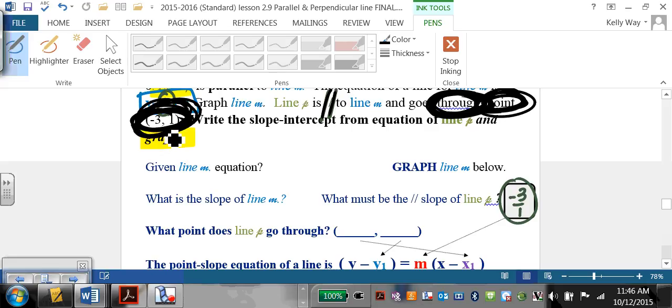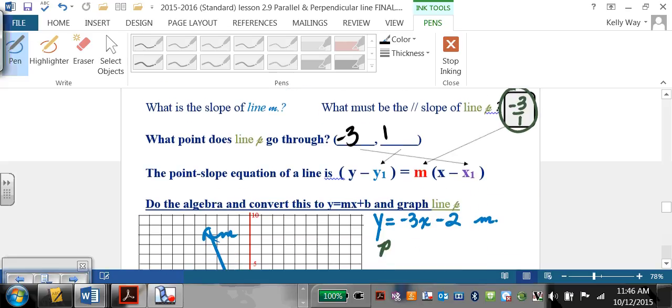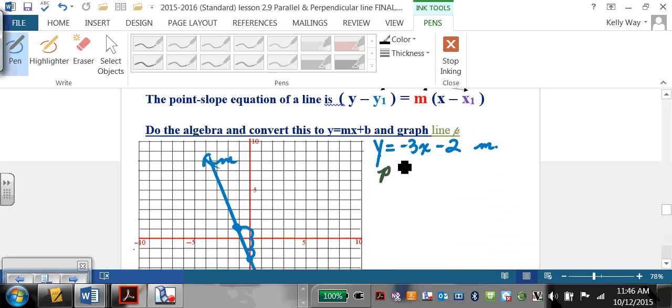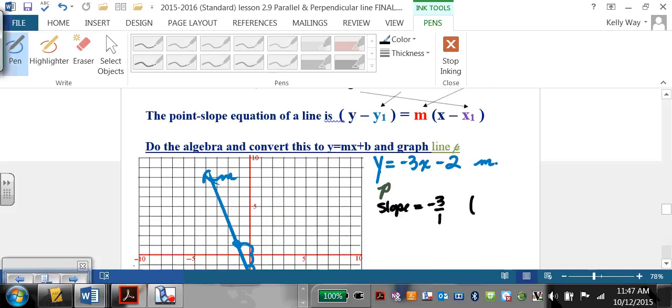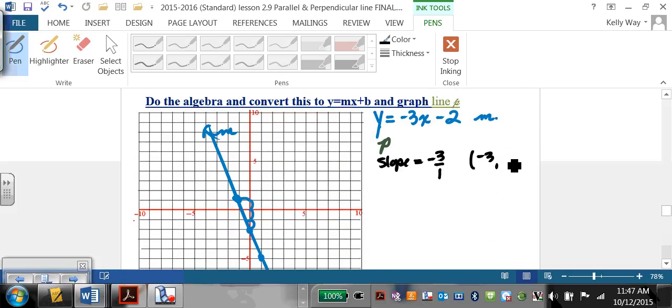The point what? Great, so it's going to go through the point negative 3, 1. So let's bring that down here. It has 2 qualities. Quality number 1, its slope has to be negative 3 over 1, and it has to go through the point negative 3, comma 1.